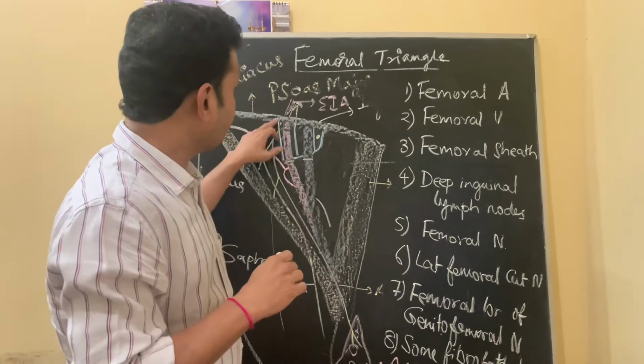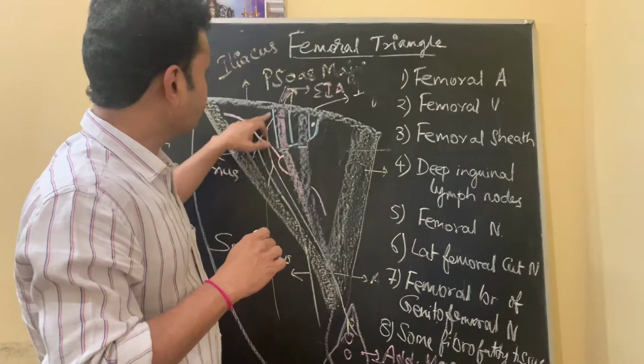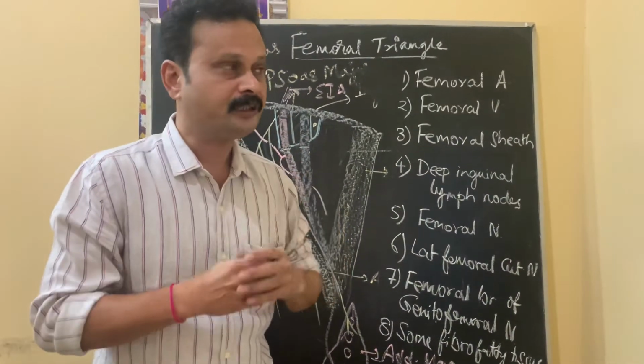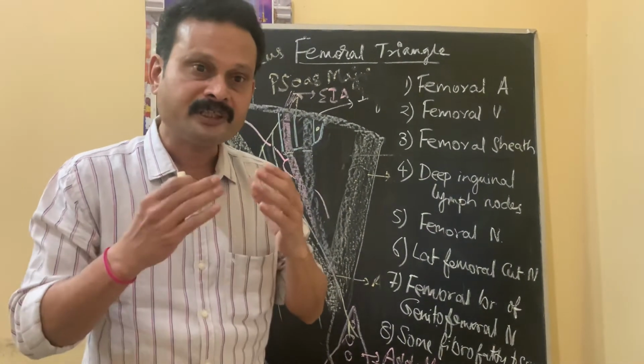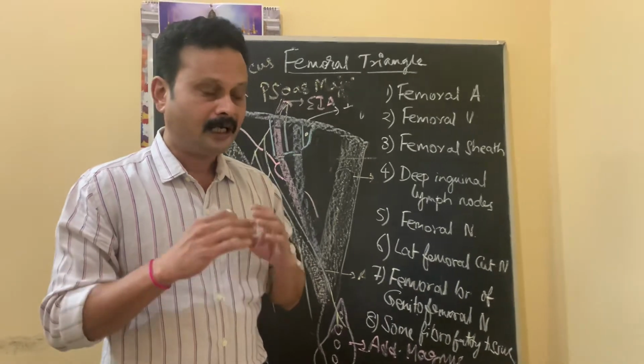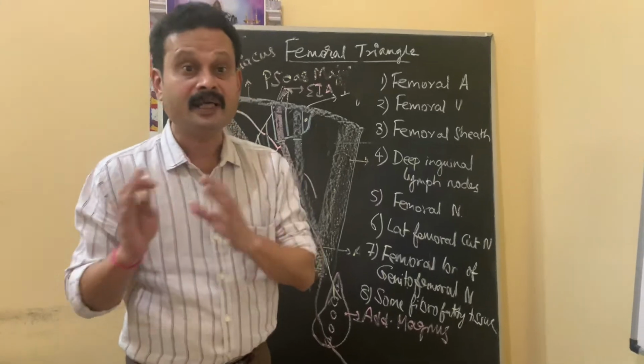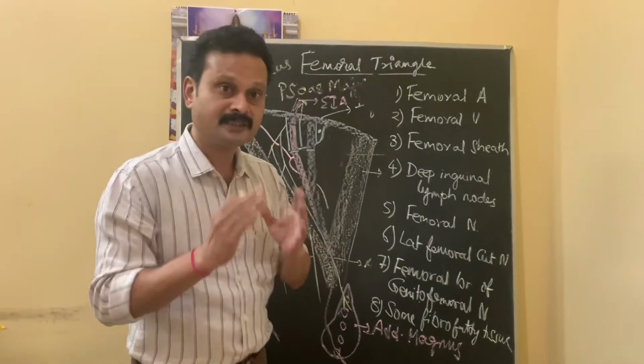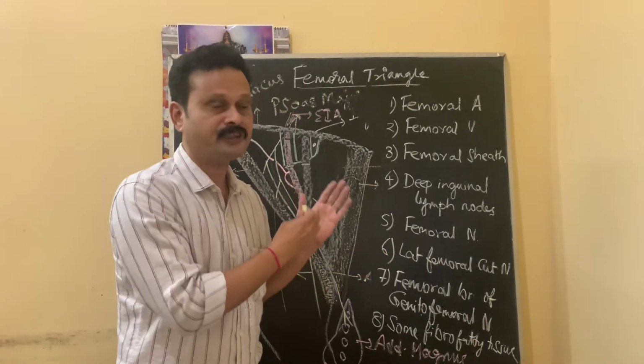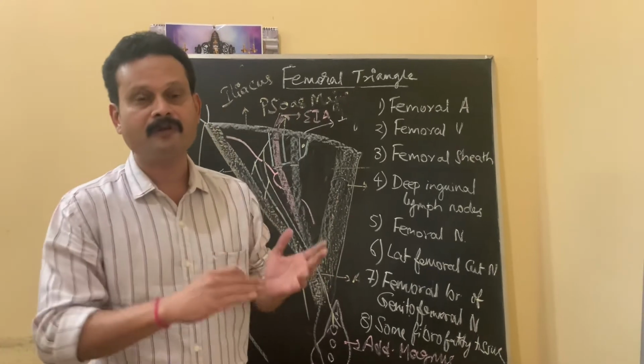The anterior wall of the femoral sheath is formed by the fascia transversalis and the posterior wall is formed by the fascia iliaca.